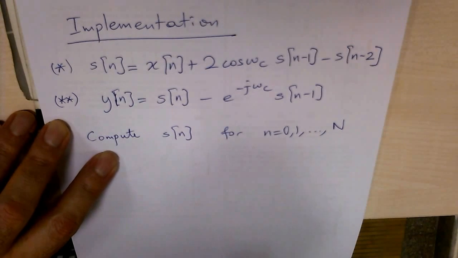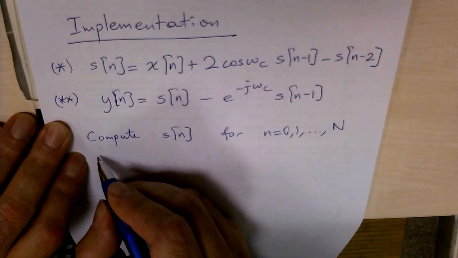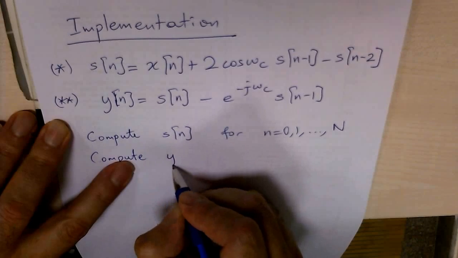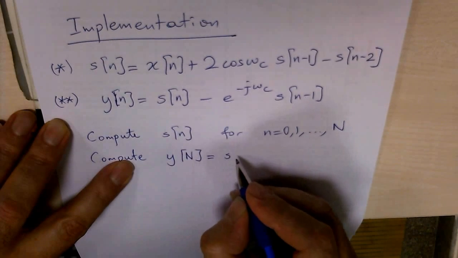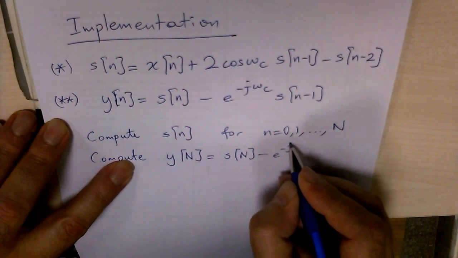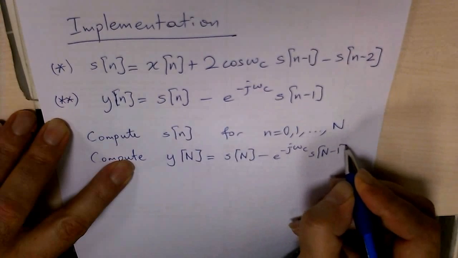And in the last stage, we compute y[n] as S[n] minus e to the minus j omega_c S[n-1].